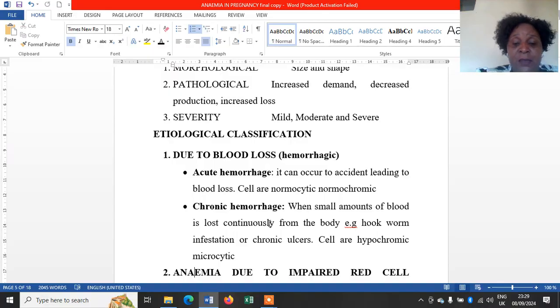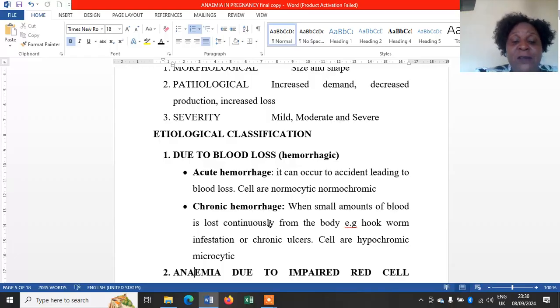microcytic. For example, if a mother has hookworm infestations, the hookworms will continuously feed on the heme, or on the iron and the folic acid, which make the red blood cells. We said the heme is the one which makes the red coloration of the red blood cell. So if the hookworm is feeding on the heme, the cell will look hypochromic, the cell will look light.